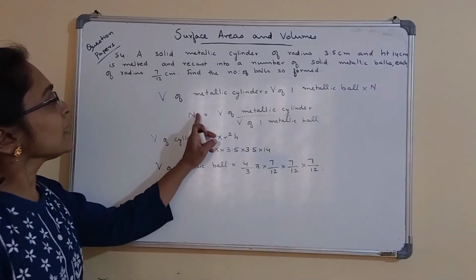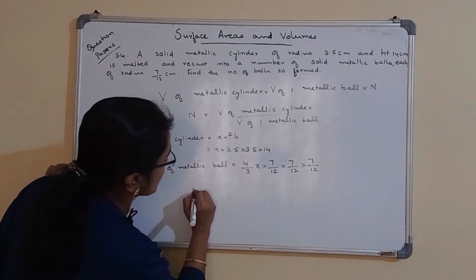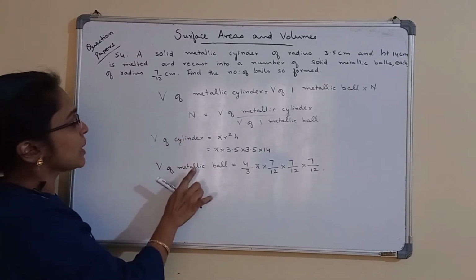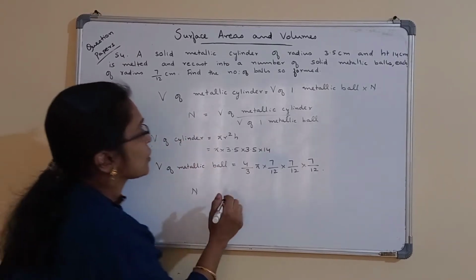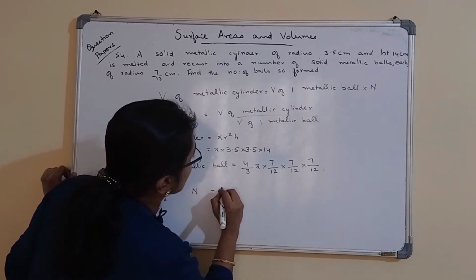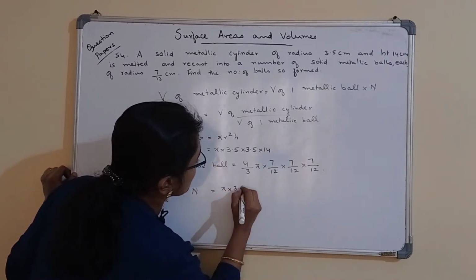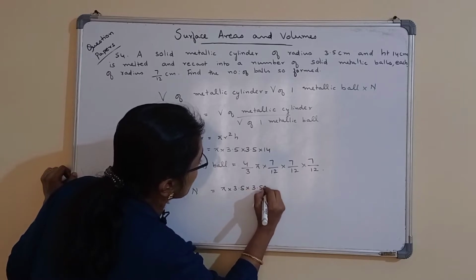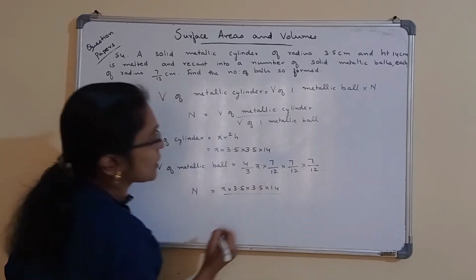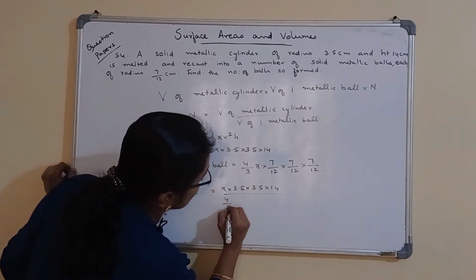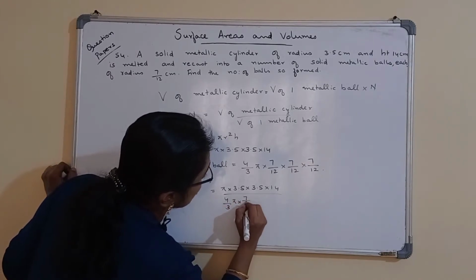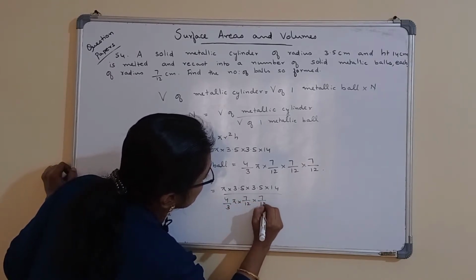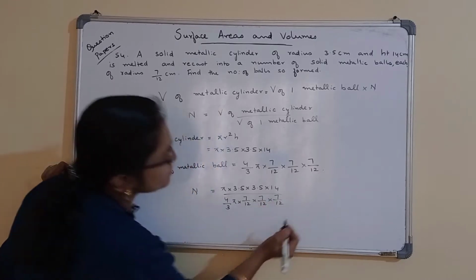Okay. Now n is equal to volume of cylinder by volume of one metallic ball, which is equal to pi into 3.5 into 3.5 into 14 divided by 4 by 3 pi into 7 by 12 into 7 by 12 into 7 by 12.